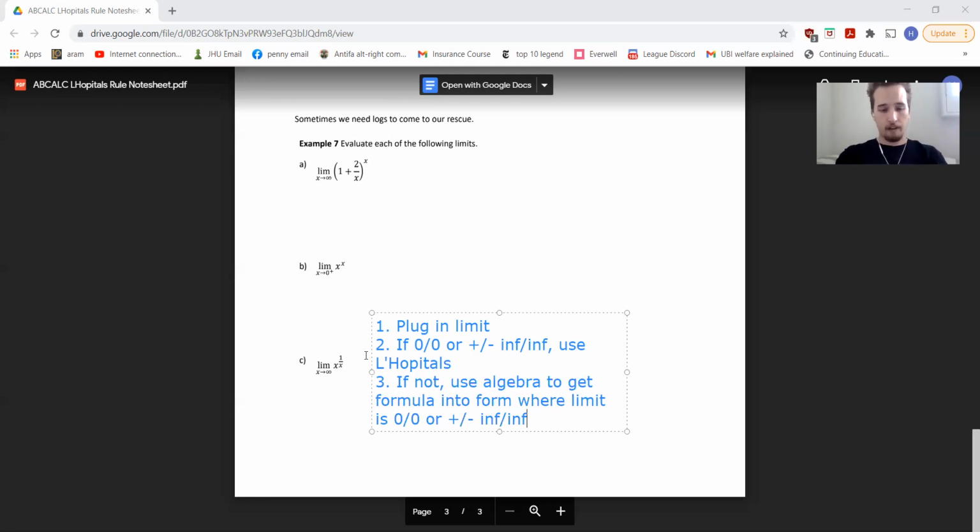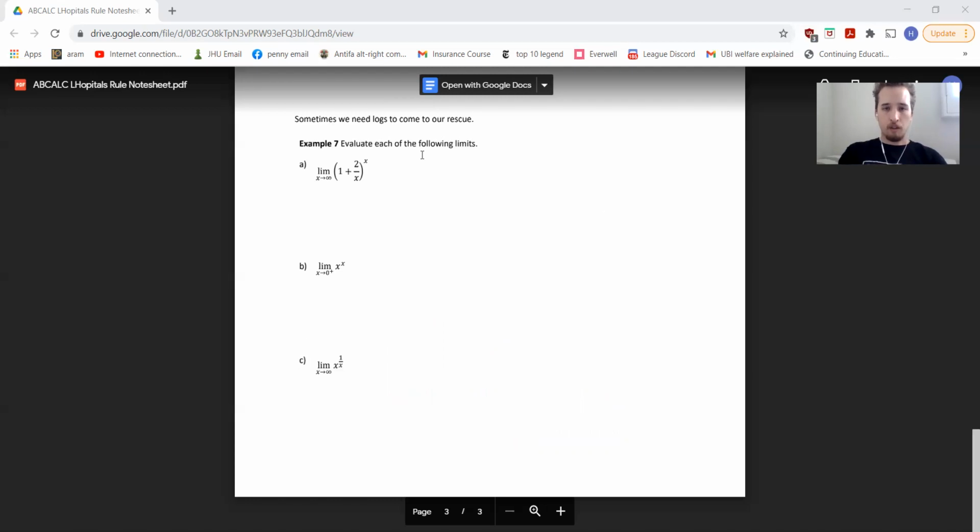And then from there, use L'Hopital's. Okay. So now I'm just going to go over this last example. So we put in infinity.